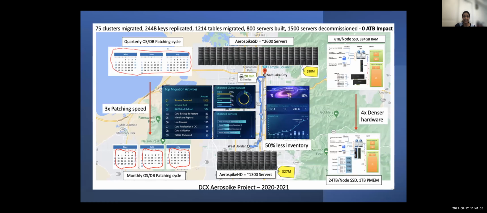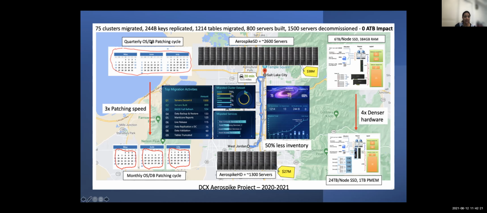This slide is just a depiction of our data center migration journey, showing how many clusters have been migrated or how many new servers have been built. But there are three main key points we want you to take away from this diagram. The first is the quarterly DB or OS patching cycle, which has improved 3x.